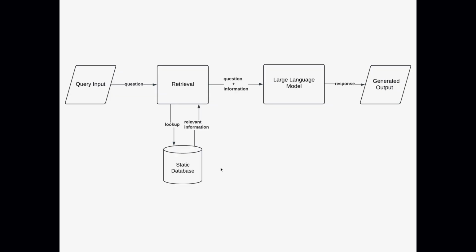This database scenario comes in when you want to feed something which is not available on the internet, right? For example, if you want to give some information related to your company, which is very much proprietary data that you don't want to expose on the internet, and you have built an application like a chatbot, and you want your customers to only know the information relevant to your own company data based on the query they are giving, then you create that database, and this retrieval mechanism retrieves that data and gives that information to the large language model.